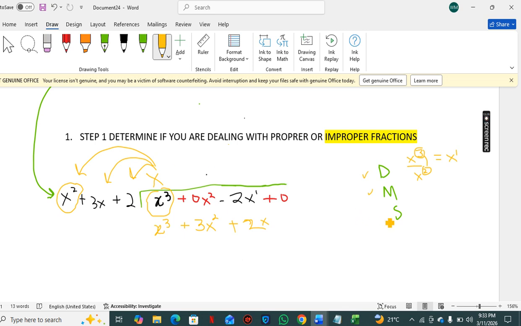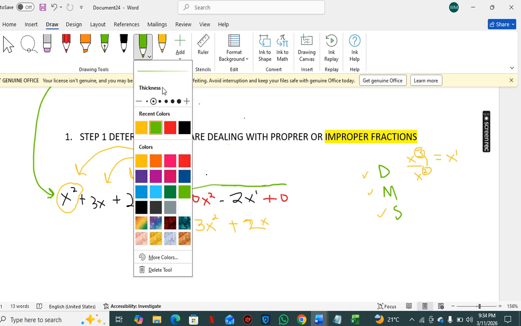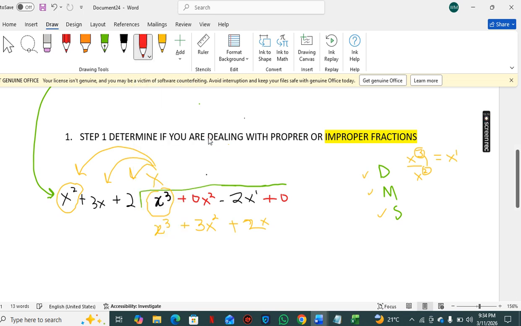Now, step 3, subtract. So you're going to subtract. x cubed minus x cubed, 0. Don't even need to write it.